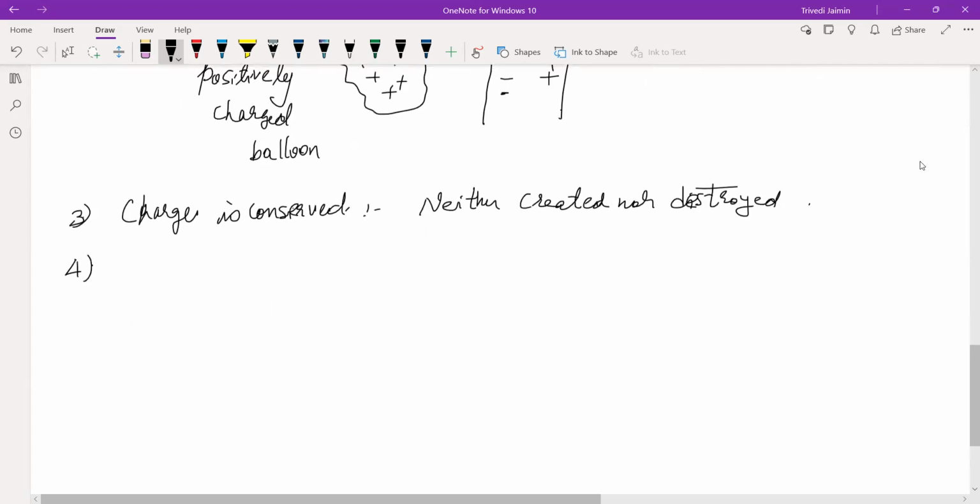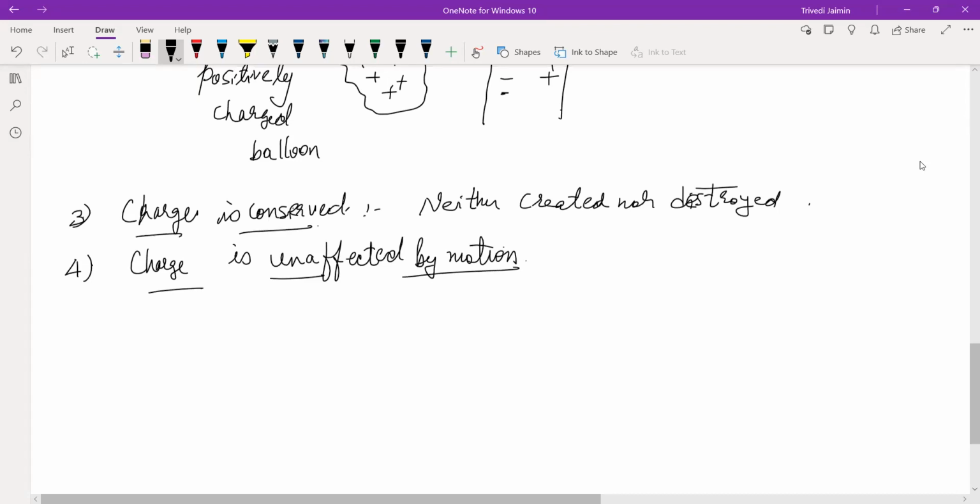Fourth one. This one is just a common thing: charge is not affected by motion. In the previous class I said there will be no change in charge when it is moving.